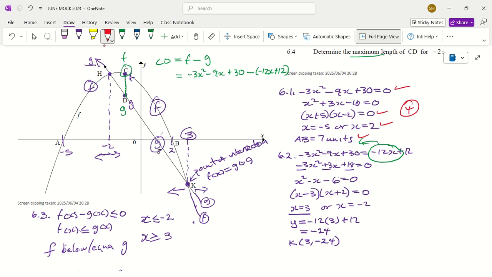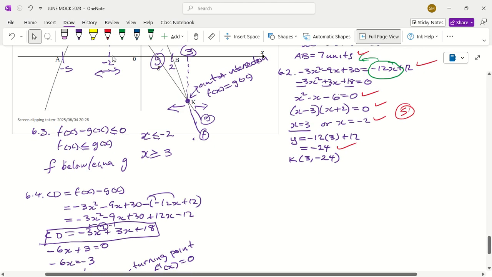Then for the point of intersection 6.2, you get a mark for equating both equations, a mark for the standard form, whichever standard form you use, and a mark for factors. Whether you used a quadratic, you get a mark for substituting, a mark for the x values, and a mark for the y value of 24, and together that is 5 marks.